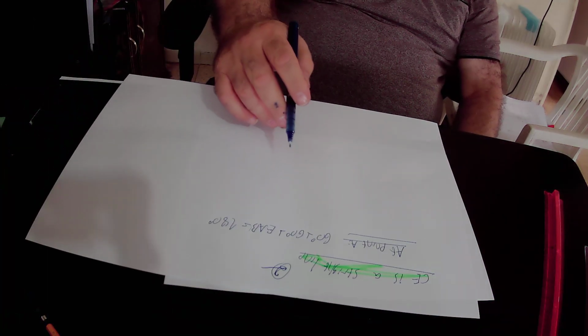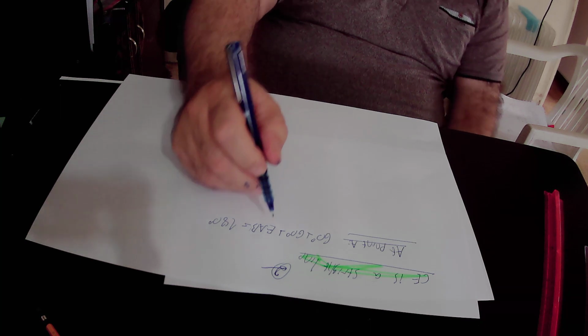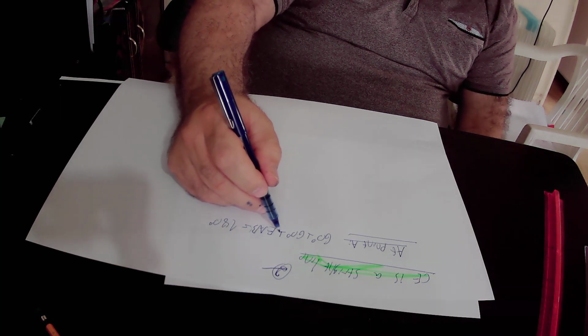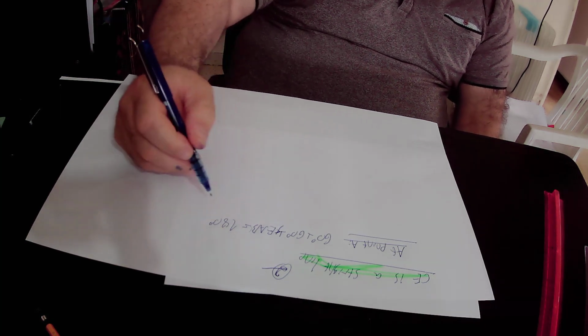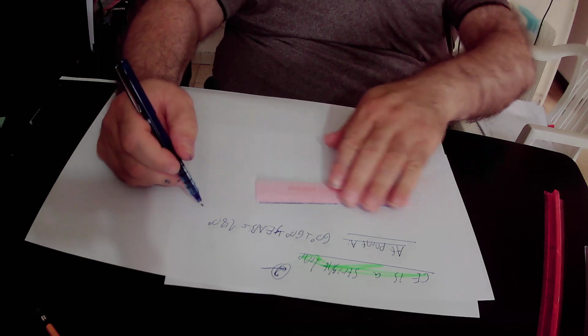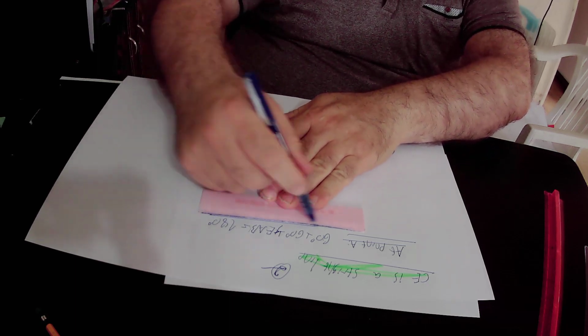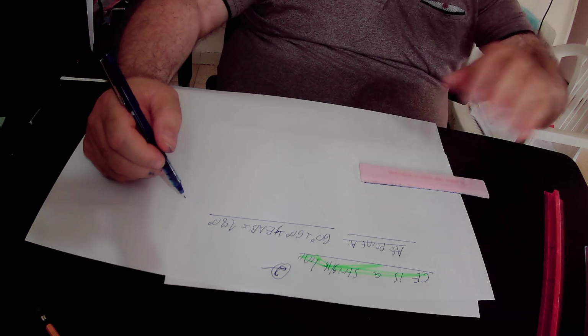So 60 degrees plus 60 degrees plus the size of angle EAB. In total, the sum of those three angles must be equal to 180 degrees. 60 degrees plus 60 degrees is 120 degrees.